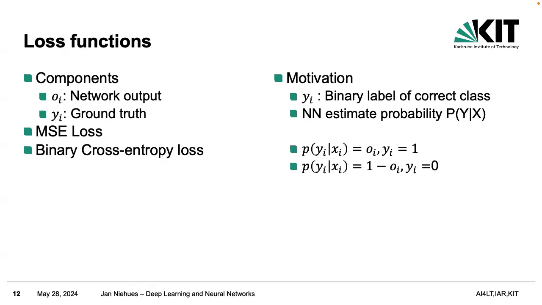The first typical example is where you have a binary classification problem. So your Y is a binary label which says whether this is class 1 or class 0. And if you train it, you typically interpret it this way: the output O is a probability that the label is 1.